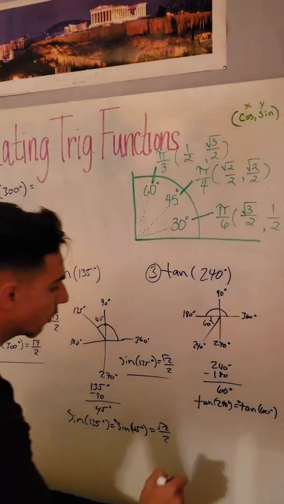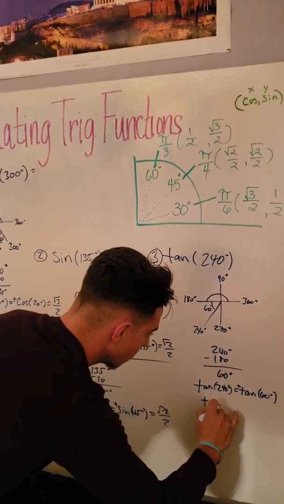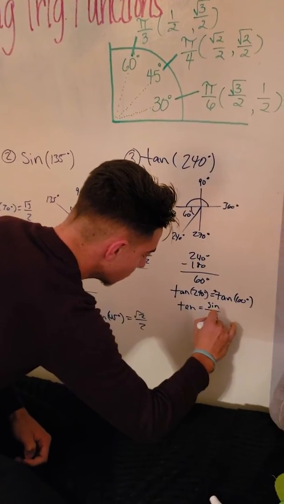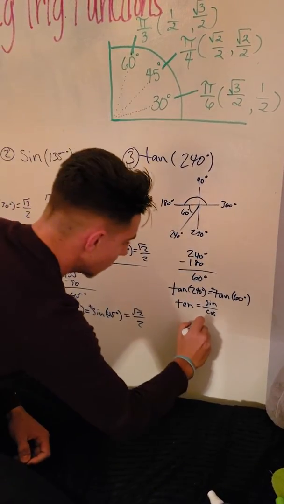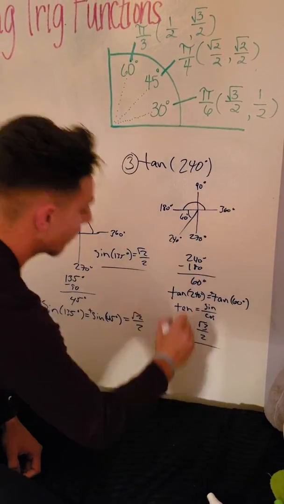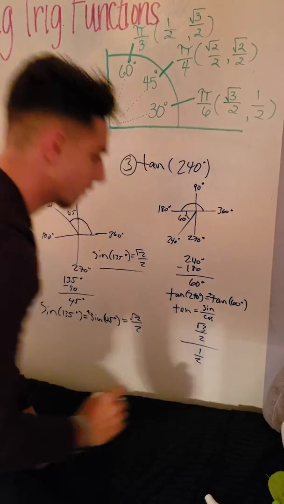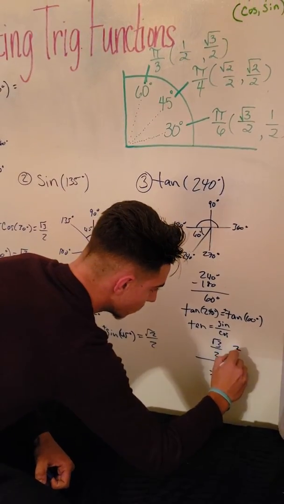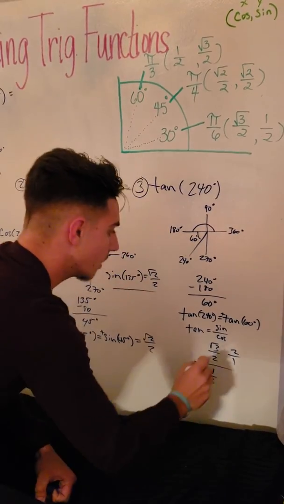And as I said before, tangent equals sine over cosine. We know that it is square root 3 over 2 divided by 1/2. We are then going to use the reciprocal rule and swap that.